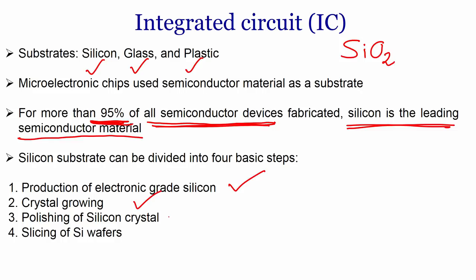The third step is polishing of the silicon crystal, and the fourth step is slicing of silicon wafers. So, basically there are 4 steps that you have to understand if you want to understand how silicon is manufactured. So, how are these things done?